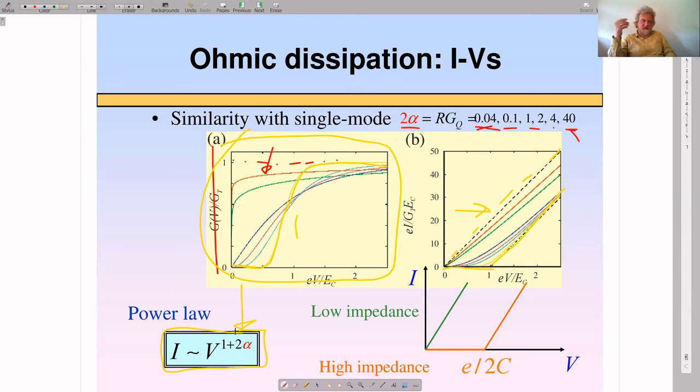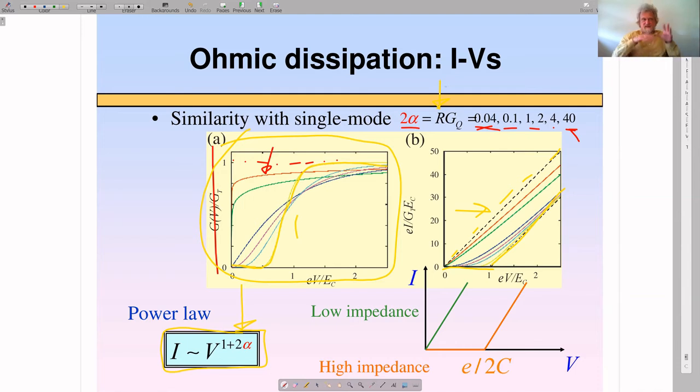Good. So at this moment, we have solved the original problem we formulated on the first slide. We understand the tunneling current in the presence of an external resistor R.